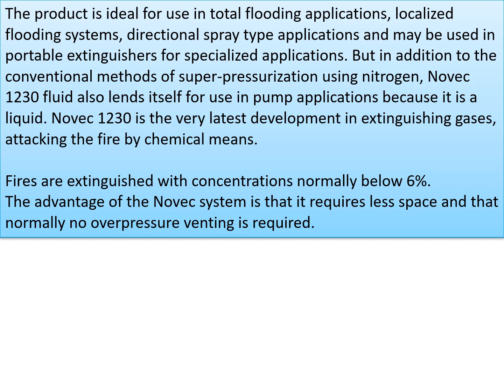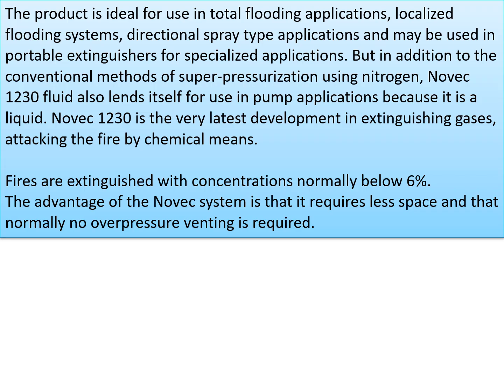Friends, Novec 1230 is ideal for use in total flooding applications, localized flooding applications, and directional spray type applications, and may be used in portable extinguishers for specialized applications. But in addition to the conventional method of superpressurization using nitrogen, Novec 1230 fluid also lends itself for use in pump applications because it is a liquid.